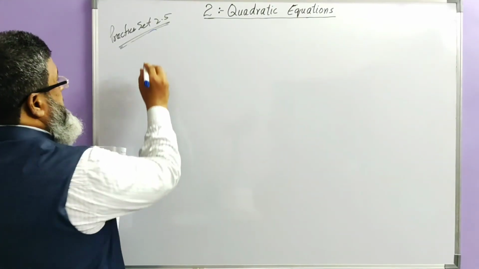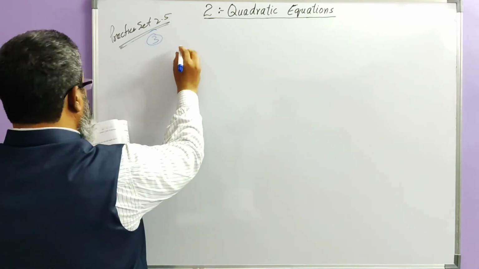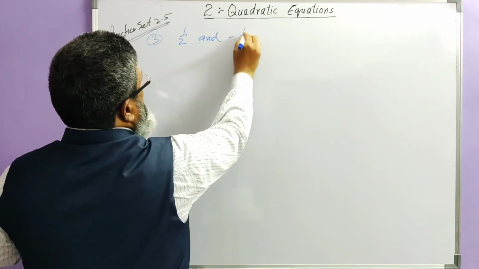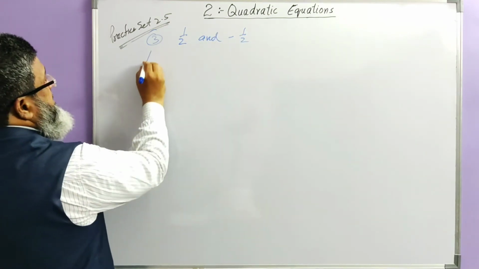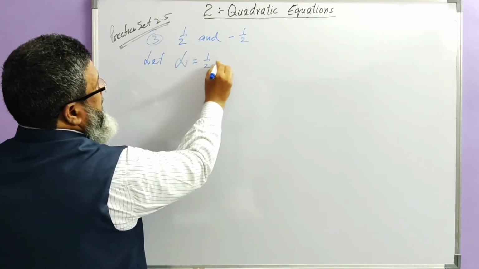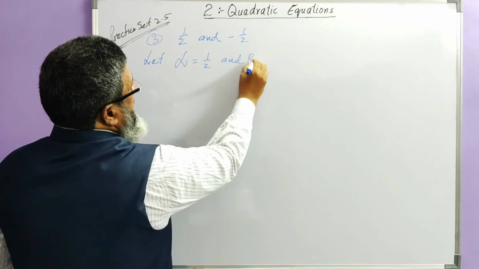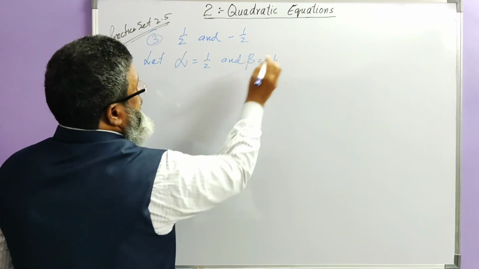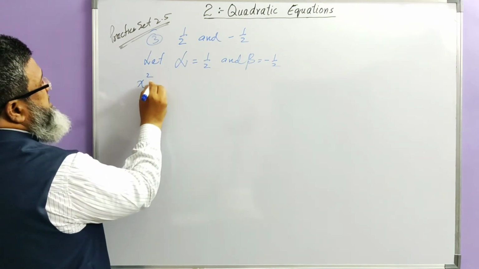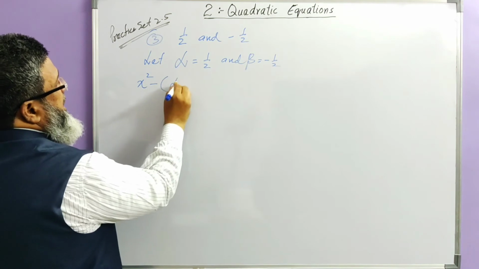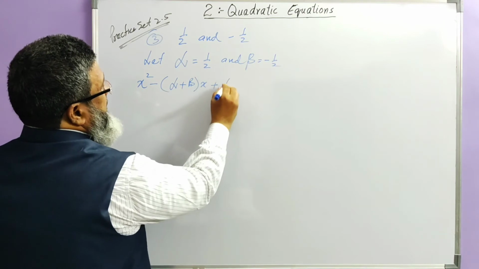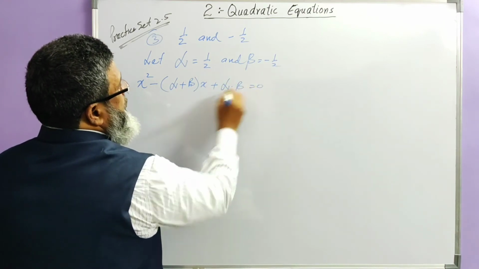See the question number 3. Question 3 is given: 1 upon 2 and minus 1 upon 2. Let alpha is equal to 1 upon 2 and beta is equal to minus 1 upon 2. So put the values of alpha and beta in the formula: x square minus (alpha plus beta) x plus alpha into beta is equal to 0.